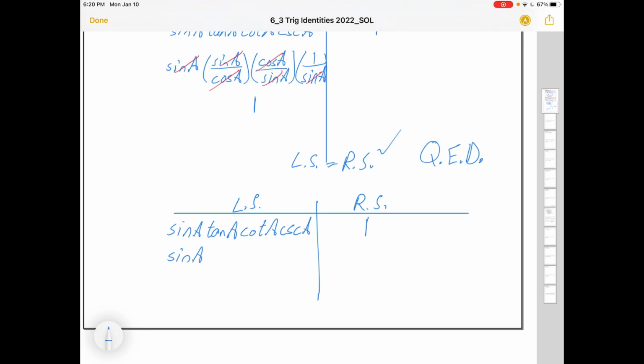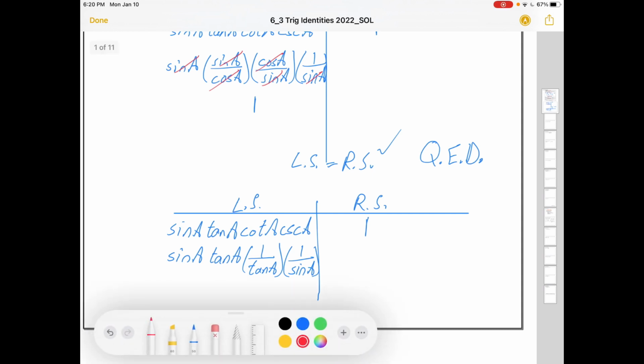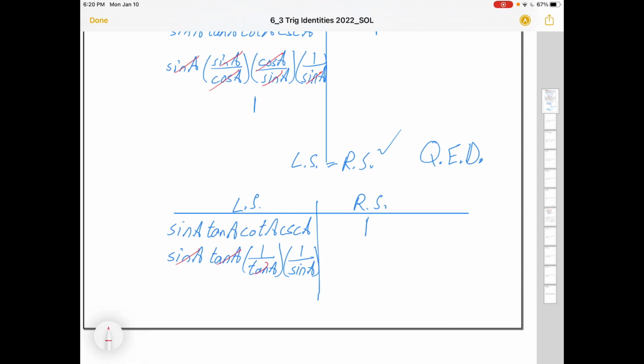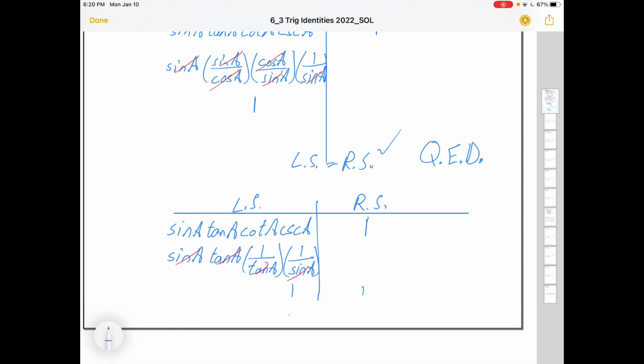That's like sine A times tan A, and I'll call cotangent A 1 over tan A, because that's one of its definitions, and cosecant is 1 over sine A. And they'll differently prove that these things divide out and these things divide out, and 1 equals 1, so the left side equals the right.